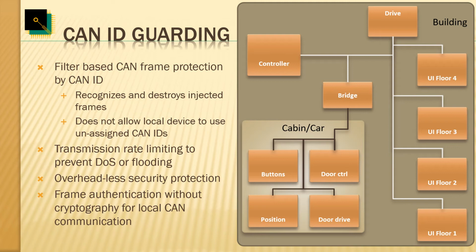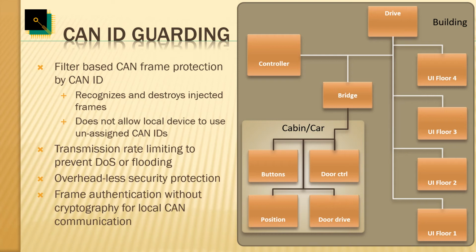So if the CAN device it's connected to is allowed to transmit ID number 5, and it sees that ID number 5 is used by someone else on the network, then it actively destroys that number 5 out there on the network. So this prohibits injections into the network.